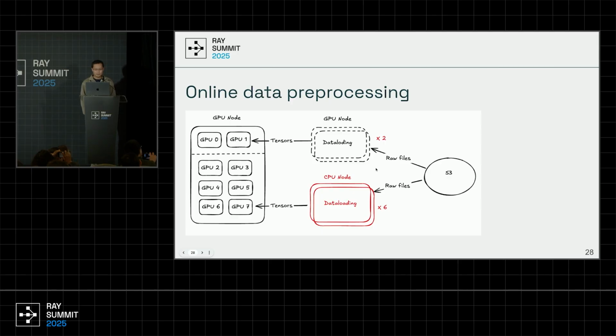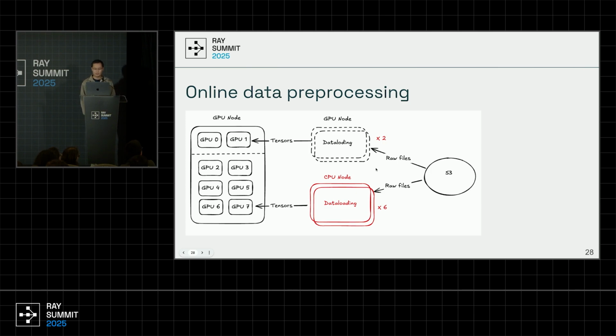We rely on the placement group and ad hoc resource to achieve better control of resource scheduling and workload placement. As you can see here, we utilize the CPU resource on the GPU node to load data for 2 GPUs, while adding 6 extra CPU nodes to load data for the other 6 GPUs.